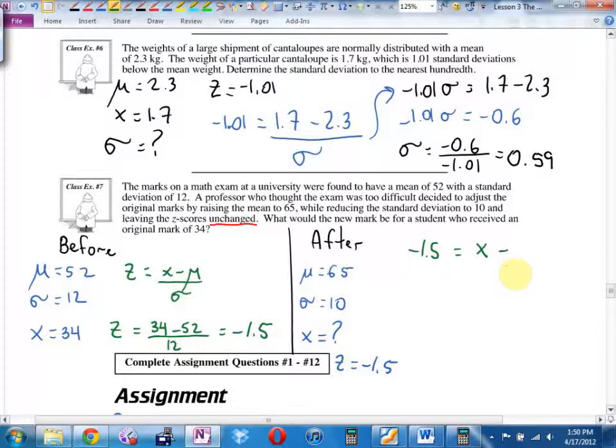You don't get report cards in college, but you know what I mean. The new mean was 65. The new standard deviation is 10. So once the prof scales this class, this kid who originally had a score of 34%, what will he end up with?